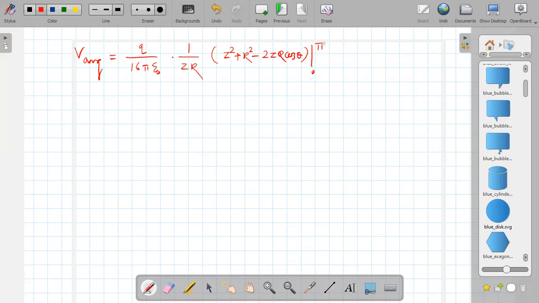Okay, therefore see, putting the upper limit and lower limit, upper limit is pi and lower limit is 0. Therefore q upon 16 pi epsilon 0 into 1 upon zr.